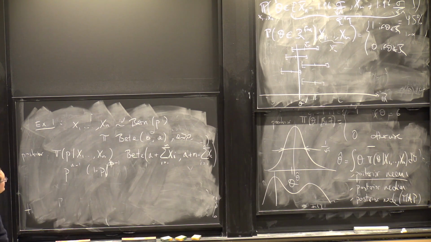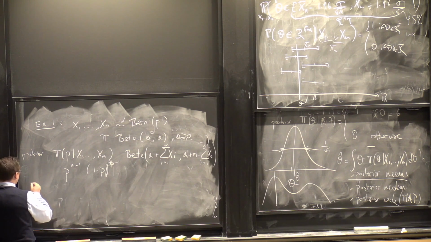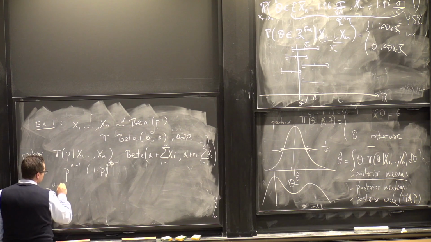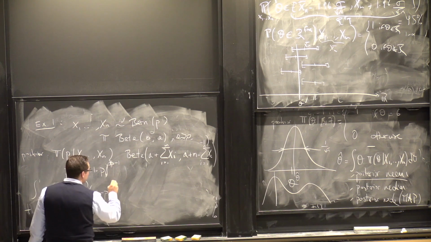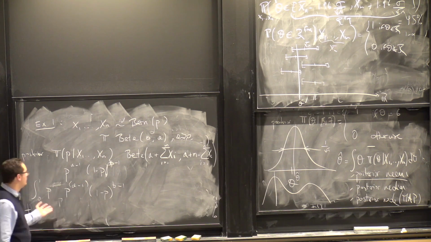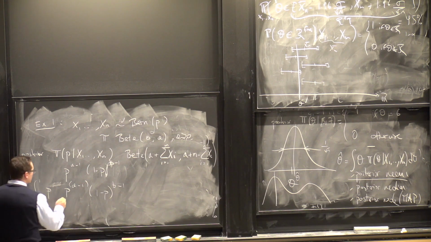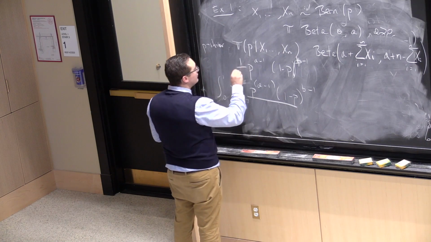What is the expectation? What I want is something that looks like the integral between 0 and 1 of p times p to the a minus 1, (1 minus p) to the b minus 1. Do we agree that this, and then there's a normalizing constant, let's call it c.